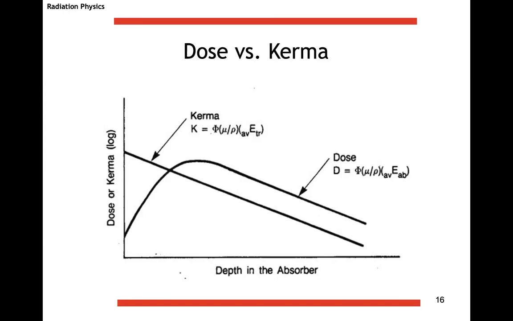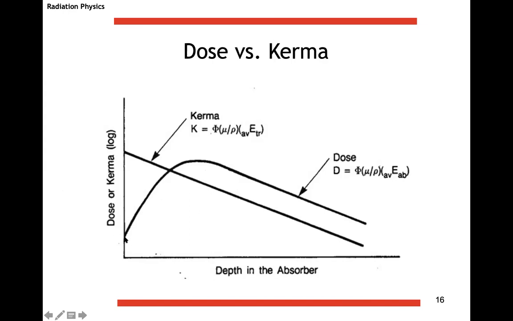However, if you take the dose, you see a strange effect here. You have the exponential decay starting from a given point, but before this point, you have a buildup. This is simply due to the fact that at the beginning you produce ionization, so you release electrons, but these electrons will deposit their energy outside of the volume.